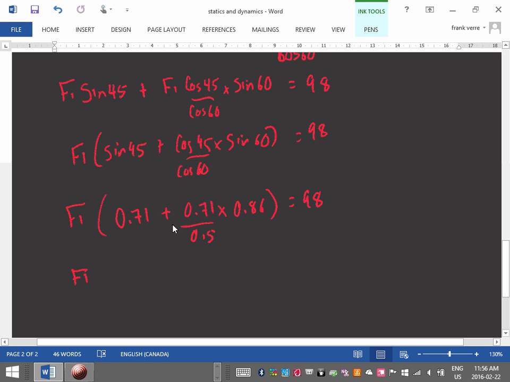What's 0.71 plus 0.71 times 0.86 over 0.5? Should be close to 1, I would imagine, the answer. What is it? 1.9?